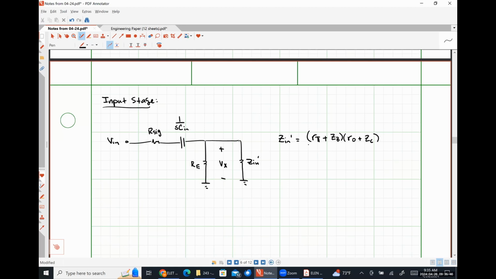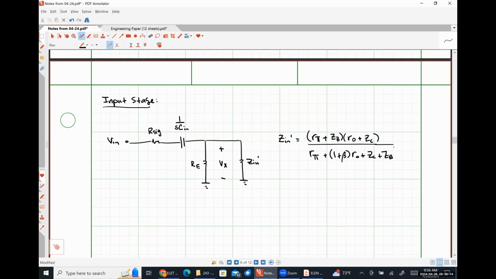And then this is going to be divided by R pi plus 1 plus beta R naught plus ZC plus ZB. And as you can imagine, with impedances in both the numerator and the denominator, analyzing this bit directly is going to be an absolute nightmare.